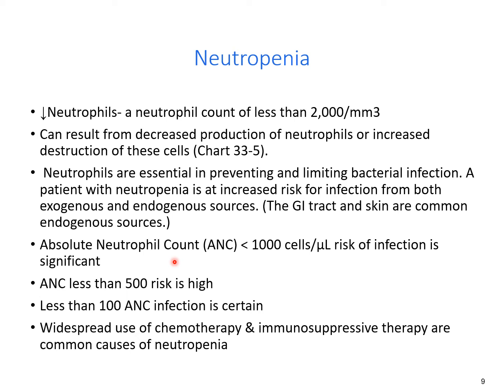So then you look at all the different things that can make somebody neutropenic, right? Use of chemotherapy and immunosuppressive therapy are common causes of neutropenia. Your sweet spot in terms of the absolute neutrophil count, so different books would give you different ranges, but if you had to pick a number, you would want the neutrophils themselves to be anywhere from 2,500 to about 6,000.